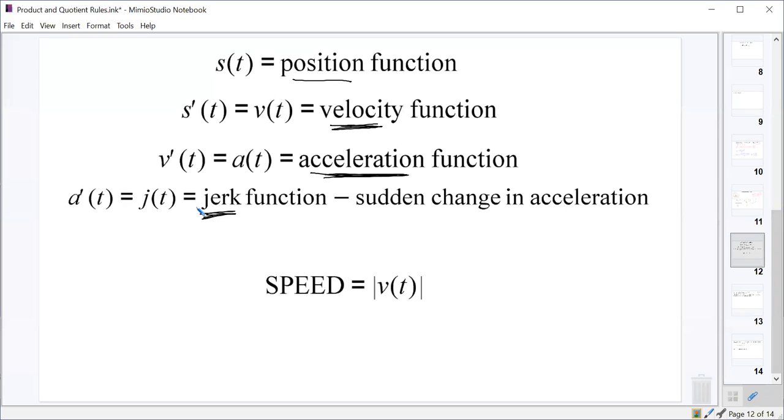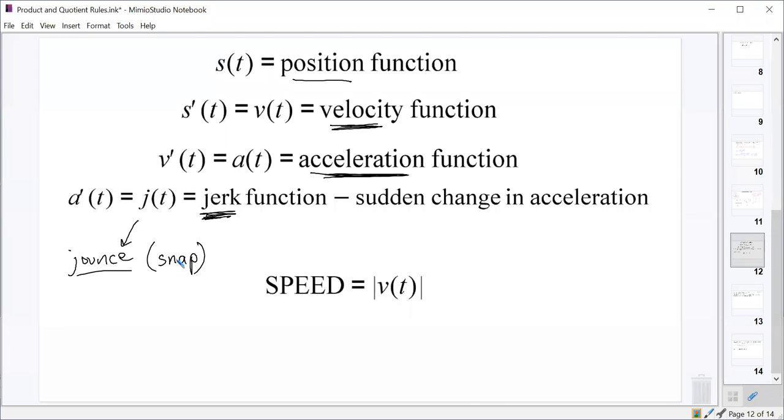If you were looking for the instantaneous rate of change of the jerk of something, what is it called? Nobody? It's called jounce. You can use that the next time you're playing Scrabble. People will not believe you that it's a word. Jounce. But jounce has another name. It is sometimes called snap.